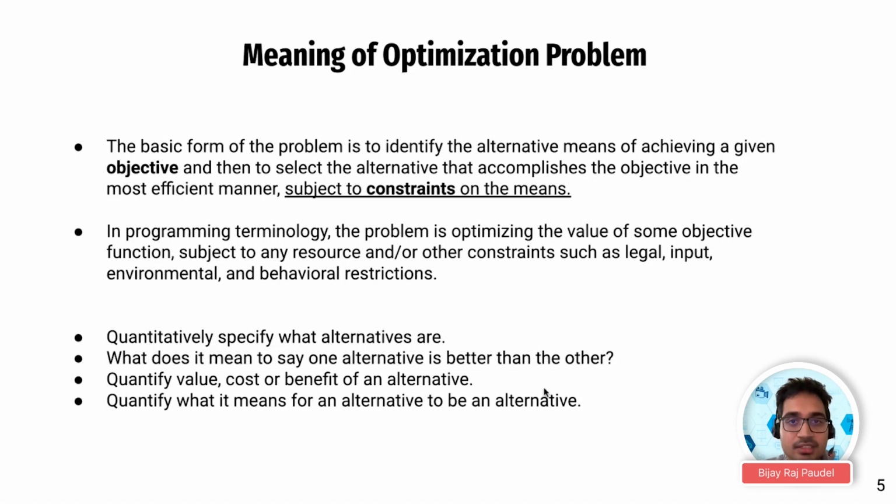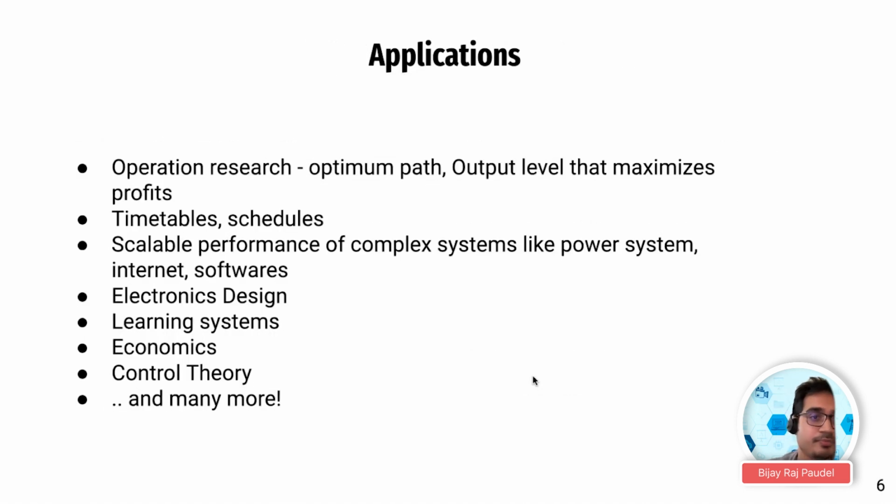So these are the basics for an optimization problem. You have to have some mathematical equation for defining what an alternative is, and how to measure the difference between two alternatives. These are the basics.